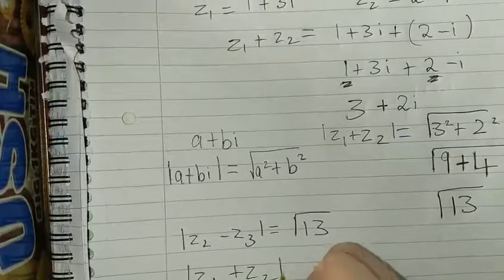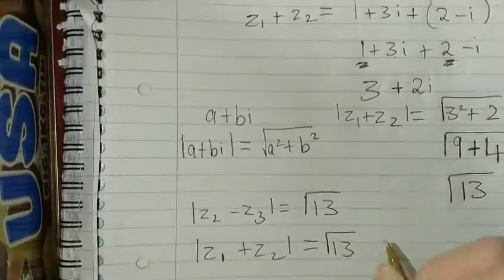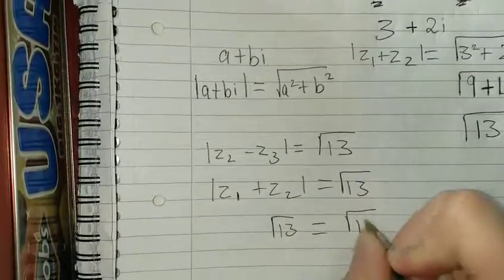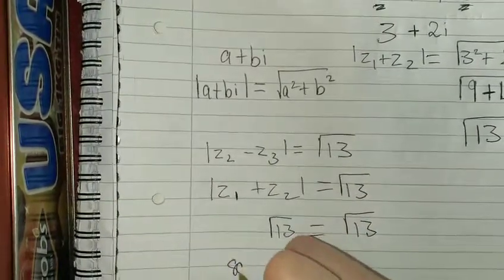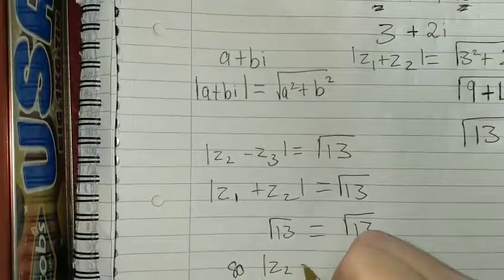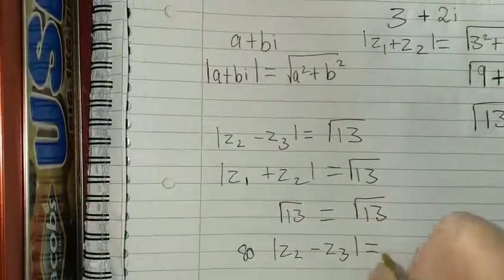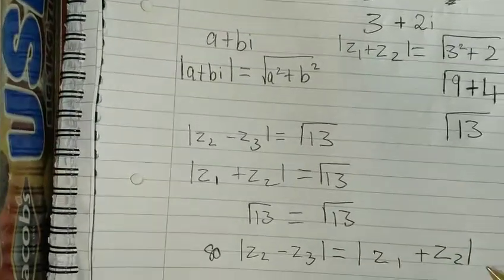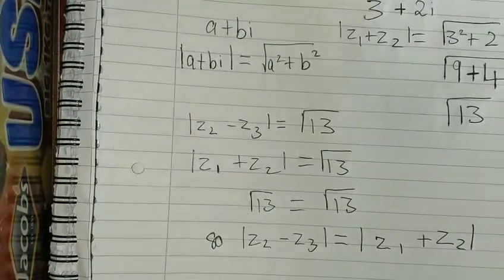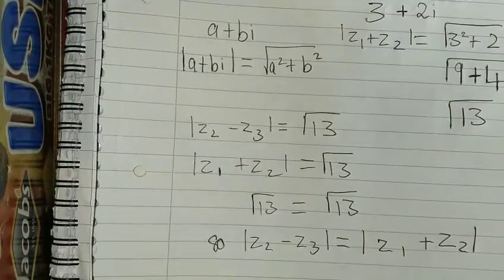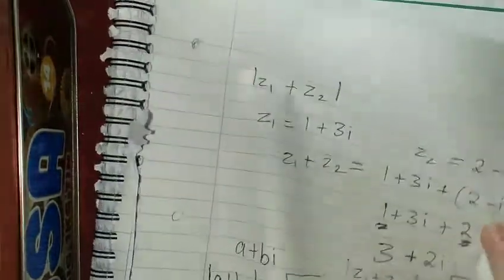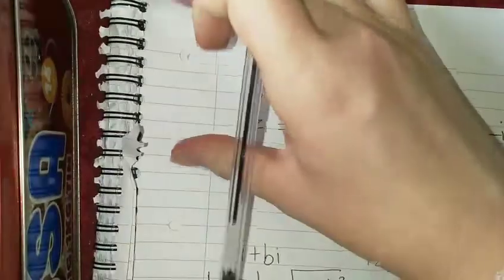As they're both equal, the square root of 13 is equal to the square root of 13, so therefore the modulus of z2 minus z3 is equal to the modulus of z1 plus z2. So we have verified that. Then for the next part of that question, I'll just get another page.